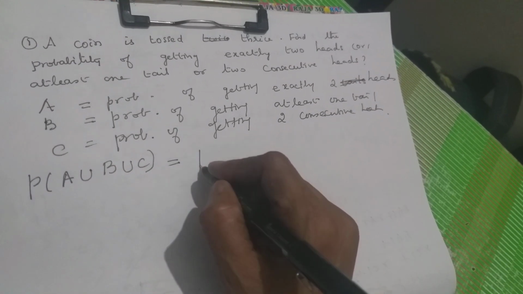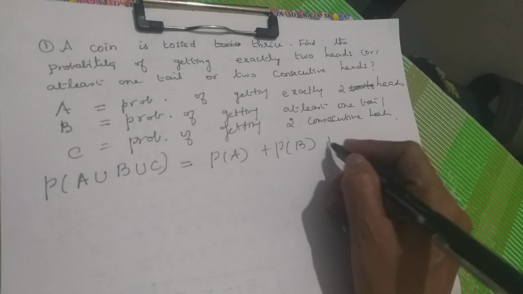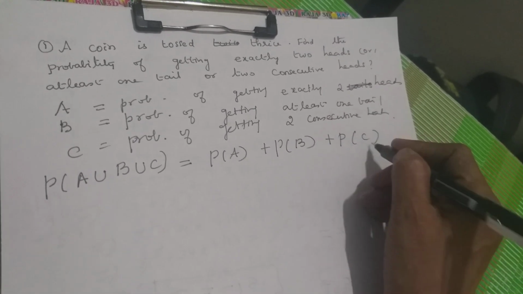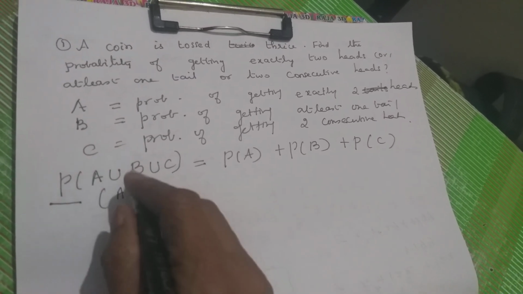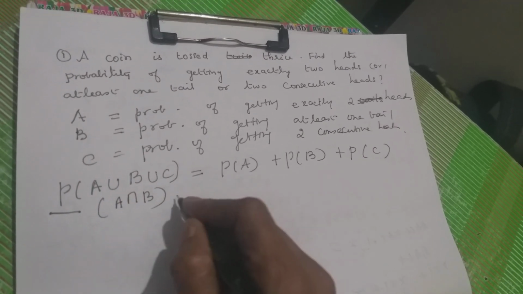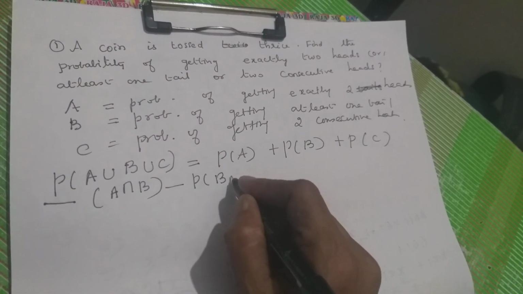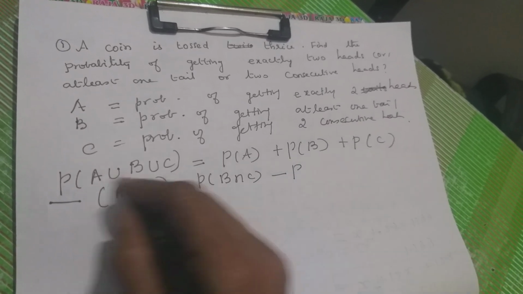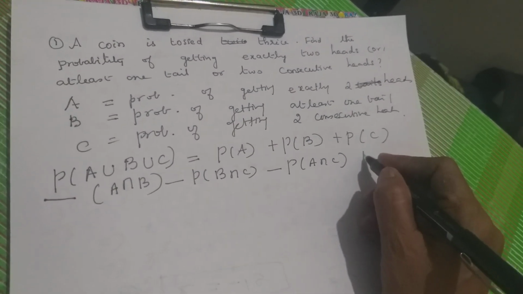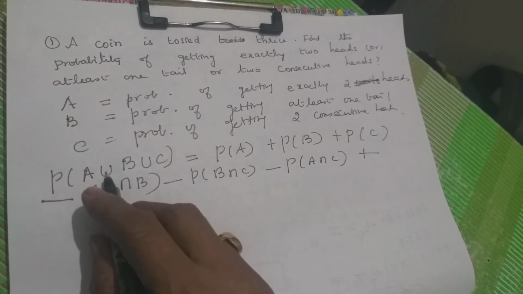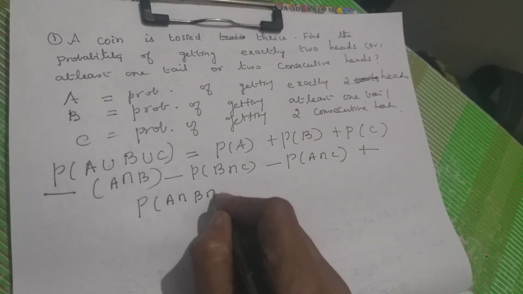First you write all the three variables separately: P of A, P of B, P of C. Then when you take intersection, minus P of the first two, A intersection B, minus then the second and third, P of B intersection C, minus P of the first and last, A intersection C. Again plus will come. If it is union, here intersection will come: P of A intersection B intersection C.